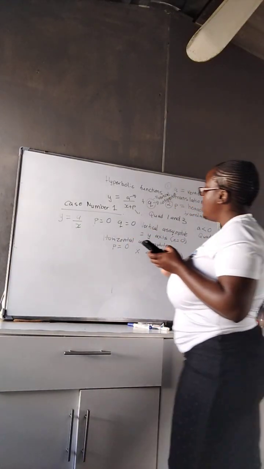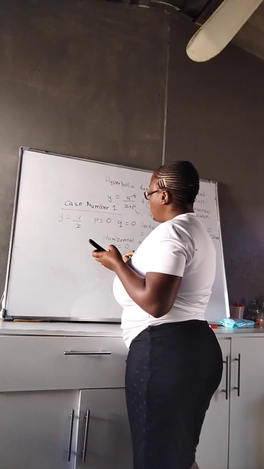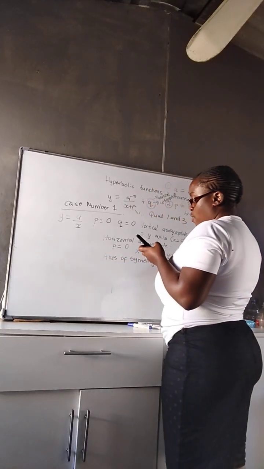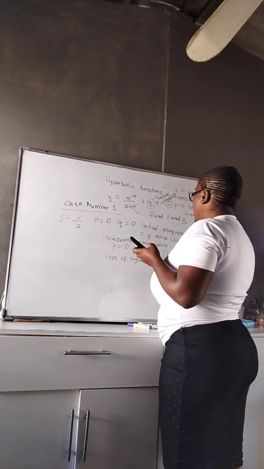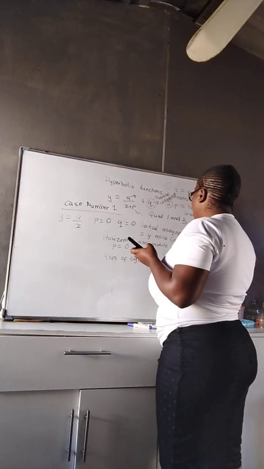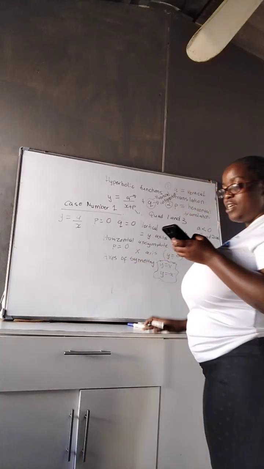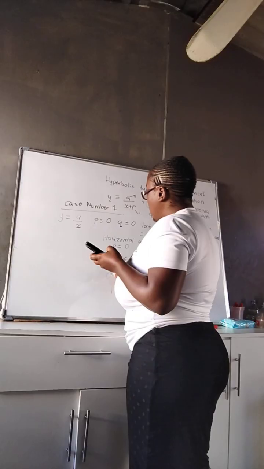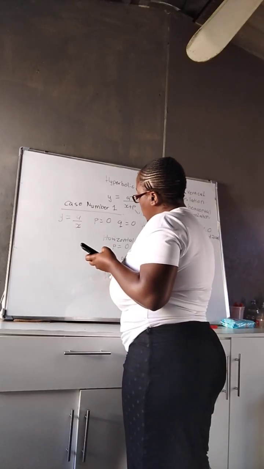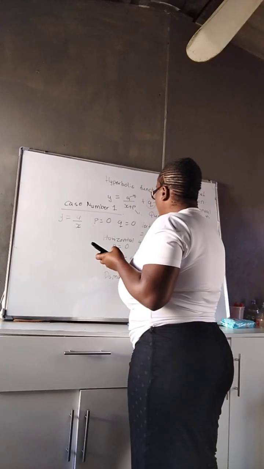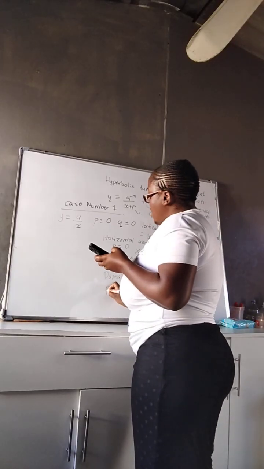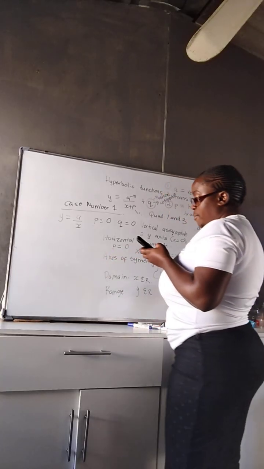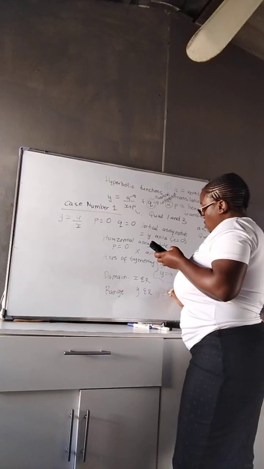So number three, the axis of symmetry. It means to say that y equals x and y equals minus x. So this is case number one, right? And then the domain: x is an element of real numbers, and the range is going to be y is an element of real numbers, and y is not equal to 0.